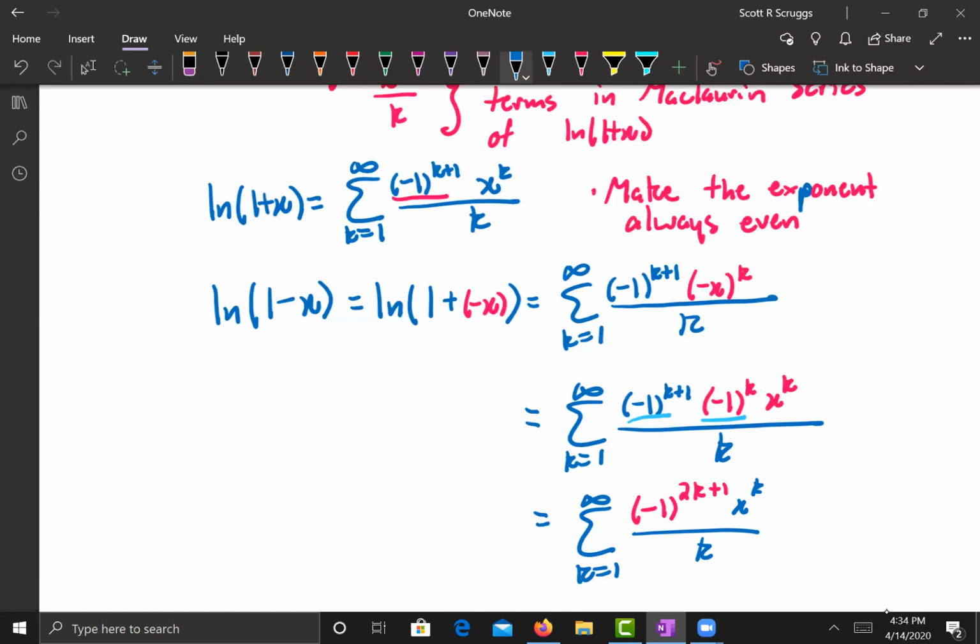But if I somehow add another -1 up front, then I'll have 2k plus 2, which will always be even. Which means to accomplish what I want, to get rid of the -1 power, I need to multiply this whole thing by another negative number.